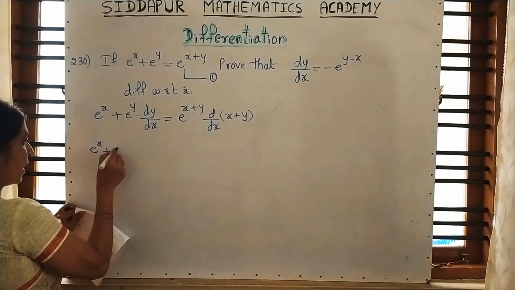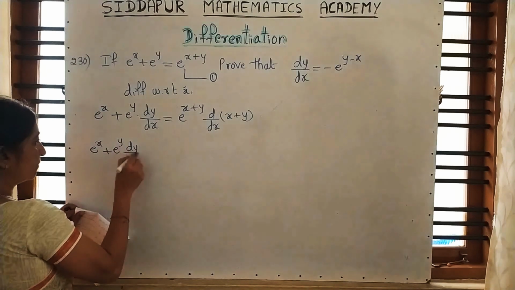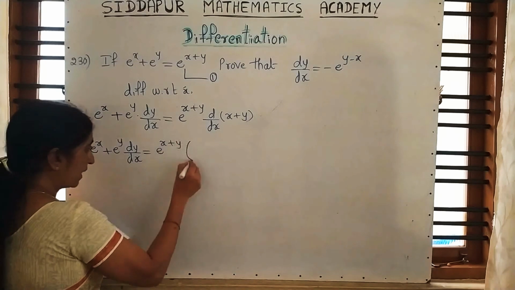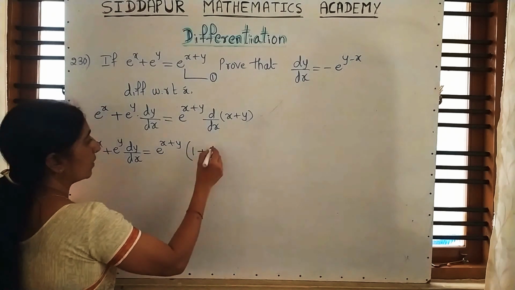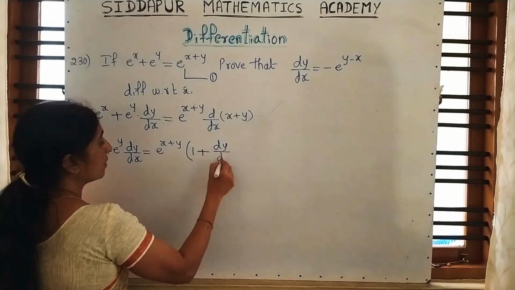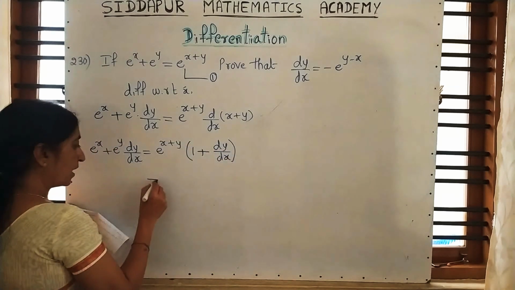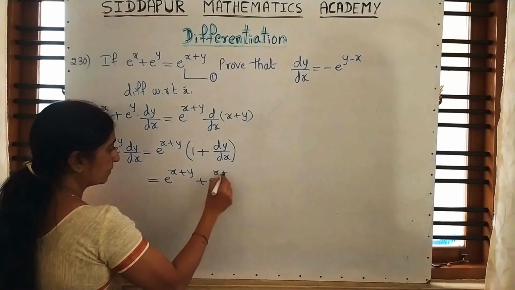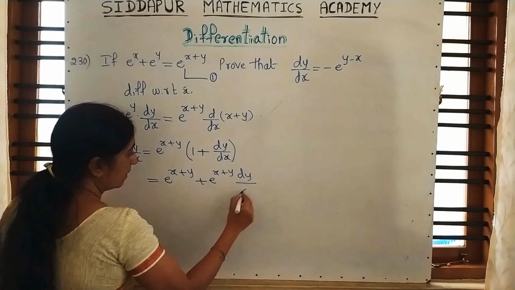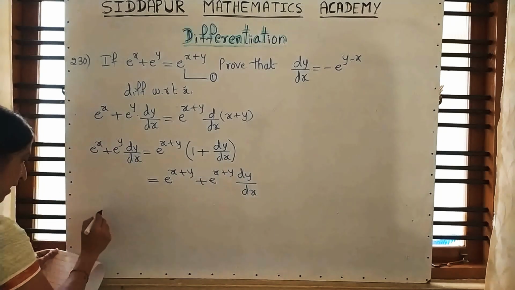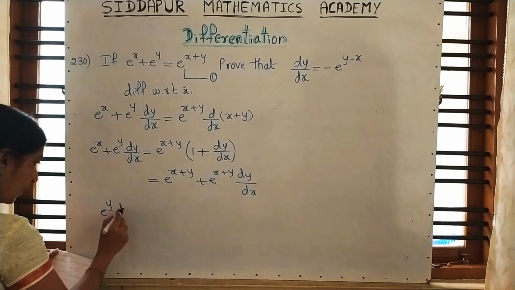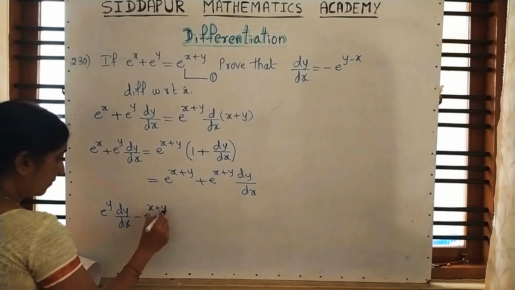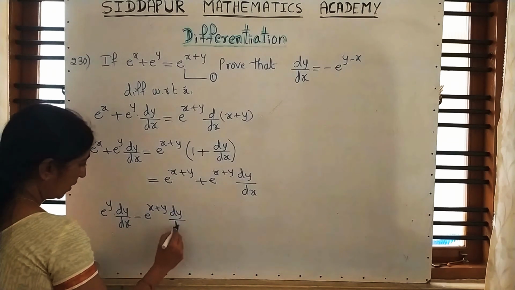Left side I kept as it is. In the bracket, differentiation of x is 1, differentiation of y is dy upon dx. And here I removed the bracket. Correct? After removing the bracket, I wrote the term with dy upon dx on the left side, the remaining term without dy upon dx on the right side.